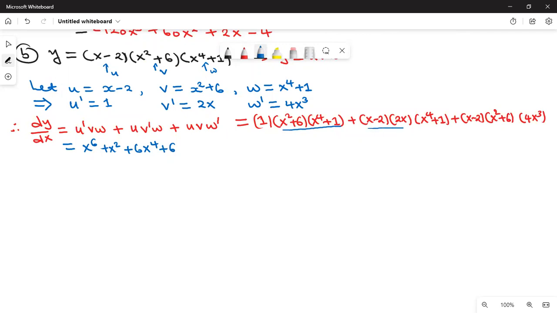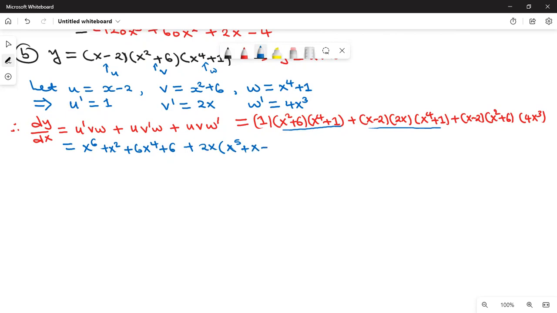What about here? Second term, I can see there is plus, of course, 2x outside into x raised to 5. I'm multiplying by x minus 2. X raised to 5 plus x.